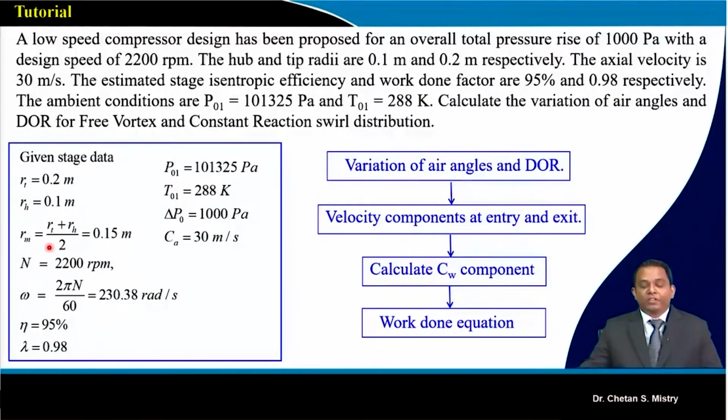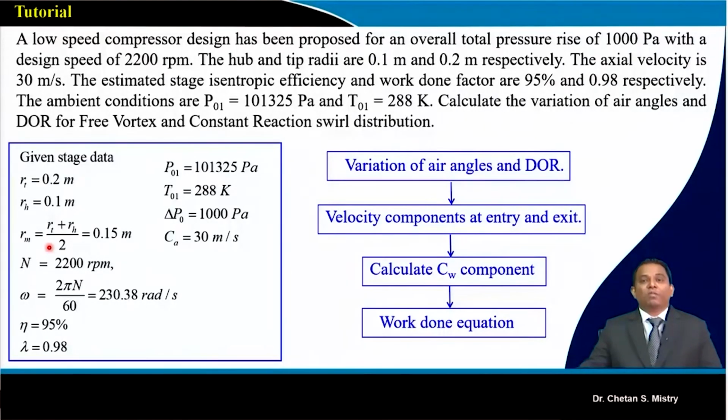The estimated stage isentropic efficiency and work done factor are 95% and 0.98 respectively. The ambient conditions are P01 equal to 101,325 Pascal and temperature of 288 Kelvin. Calculate the variation of air angles and degree of reaction for free vortex and constant reaction whirl distribution.